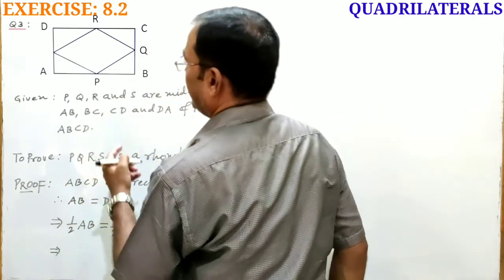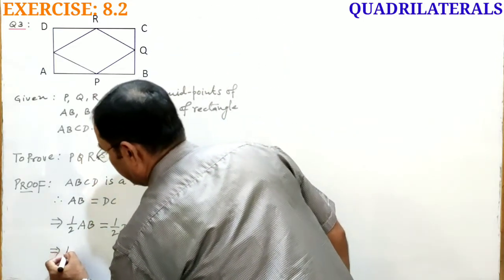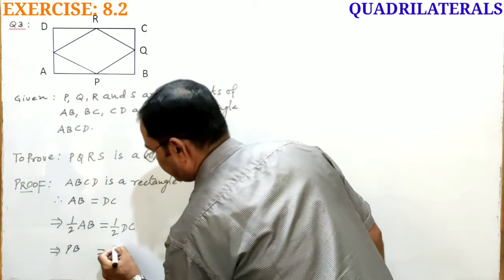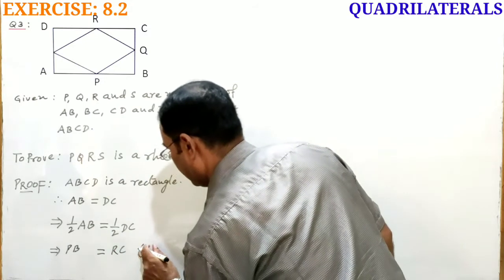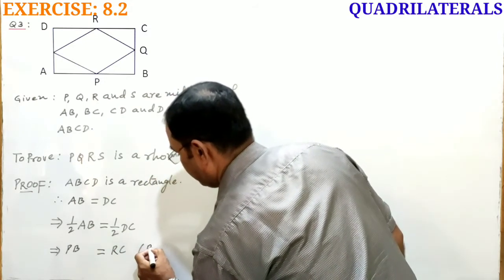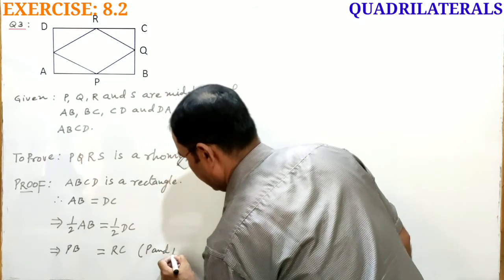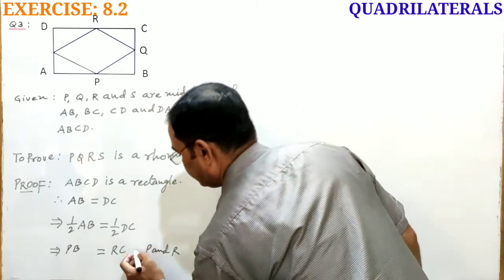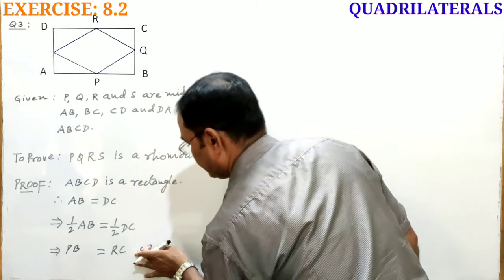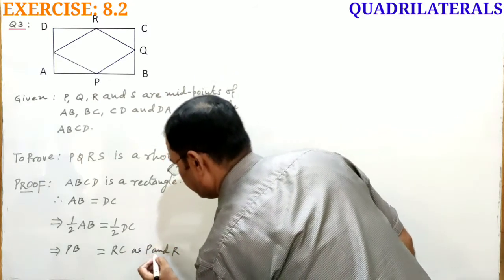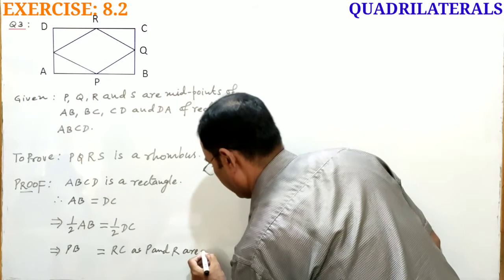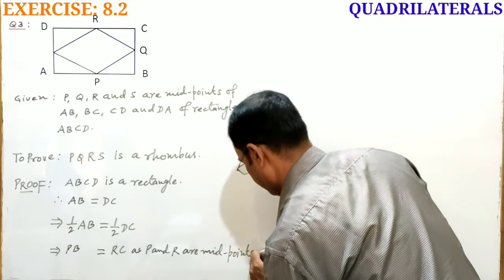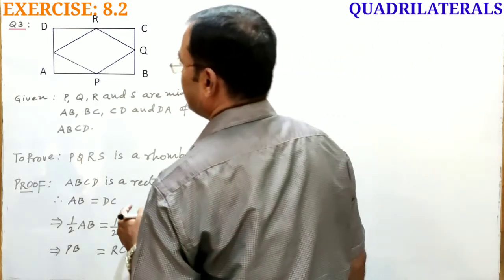Half AB we can write PB, and half DC we can write RC, because P and R are midpoints of AB and DC respectively.